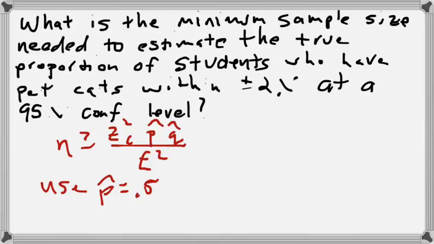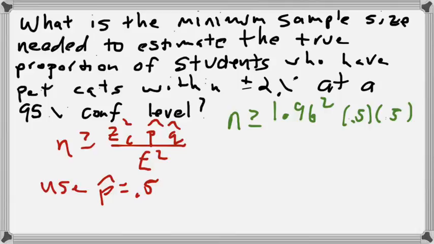So I'm going to change colors and just do the calculations on the side, then we'll call it a day. So n has to be greater than my z squared, which is 1.96, times 0.5 times 0.5, which I'm using for p hat and q hat. Then be careful on this margin of error, because plus or minus 2%, so my margin of error is 0.02, and I'm going to have to square that.